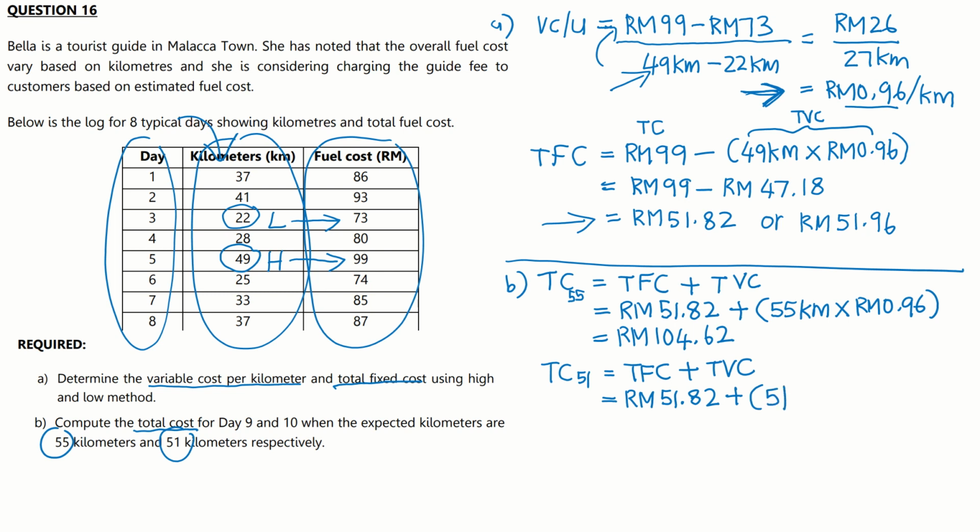For 51 kilometers, the variable cost per unit is constant at 96 cents according to our calculation. So you can now complete the answer, and check with your friends how much the total cost is for 51 kilometers.